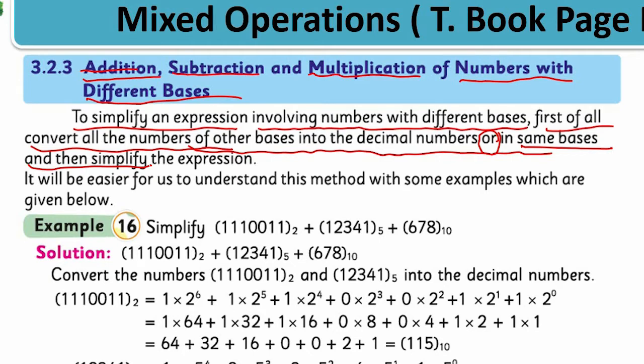Either this is the decimal number system, or base 5, or binary numbers, or octal numbers. You need to convert into the same base. So it will be easier for us to understand this method with some examples which are given below.